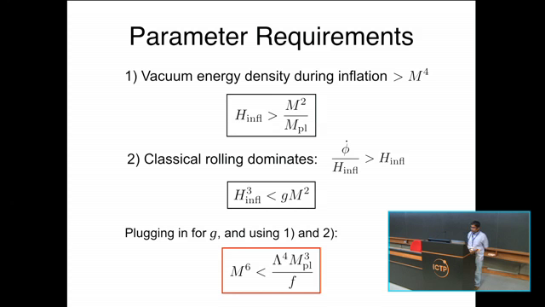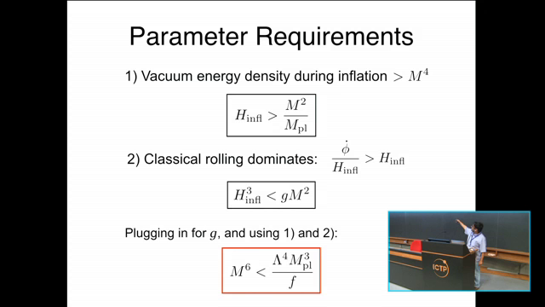So now we can go back to the previous slide where I was telling you what values g takes, and then impose these two requirements on the Hubble scale during inflation. There is some constraint equation that tells you what is the largest value of m one can actually get. The basic reason why we cannot push m all the way to the cutoff, all the way to the GUT scale or some gigantic scale, is that as m becomes larger, we would require a larger vacuum energy here.